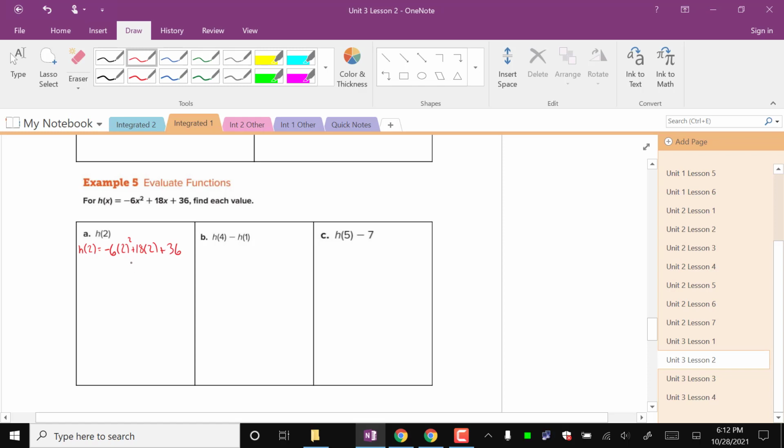Well, 2 squared is 2 times 2, which is 4. 4 times negative 6 is negative 24. 18 times 2 is 36. And then we just bring down that other 36. Now add these across. Negative 24 plus 36 plus 36 is 48.